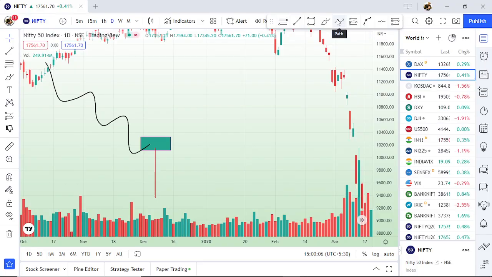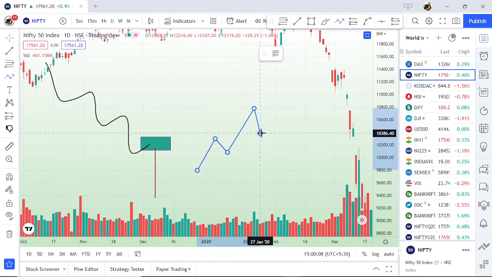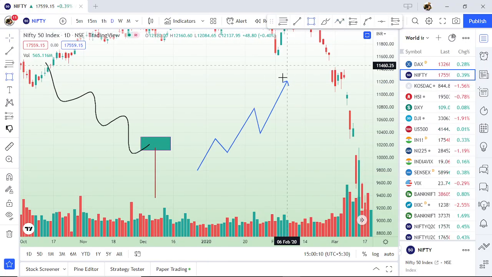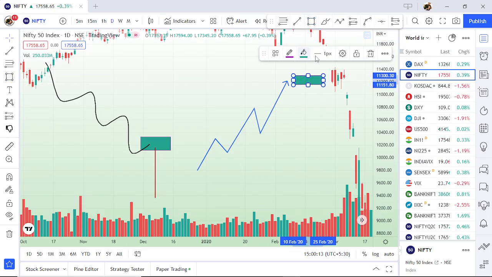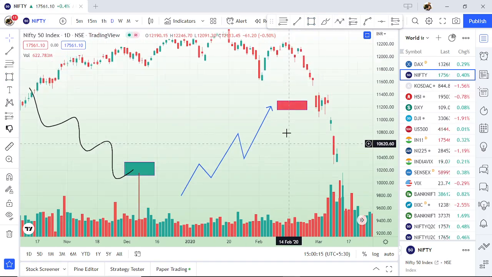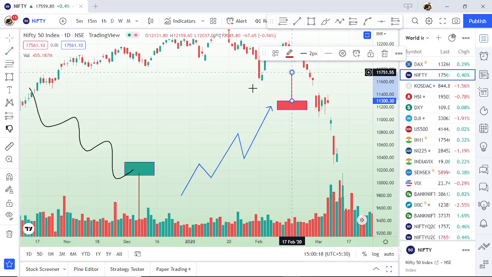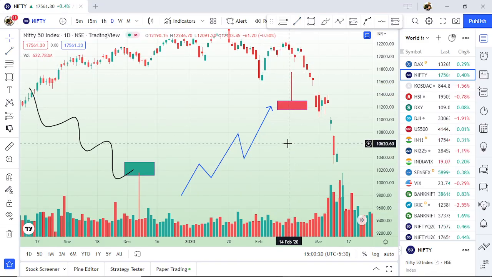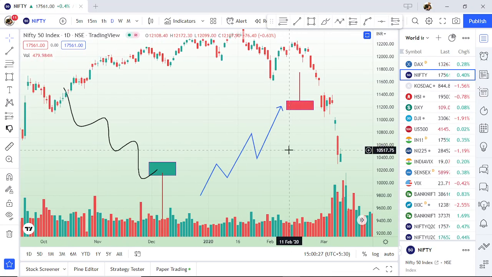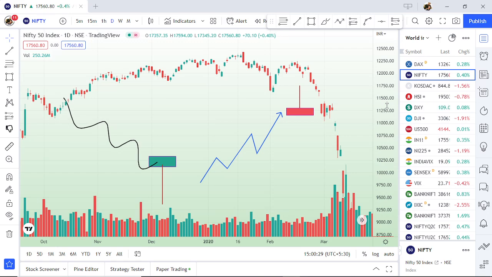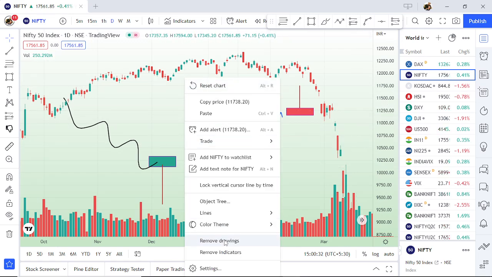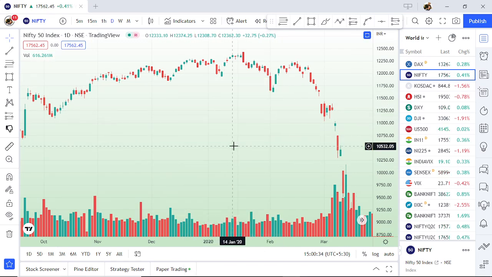And in an uptrend, we take this inverted hammer, a red candle, to be the trend reversal candle. This is one way to understand that the trend is going to change. These are the two single candle patterns that you need to understand in the market. The second and third candle patterns we will learn in another session.